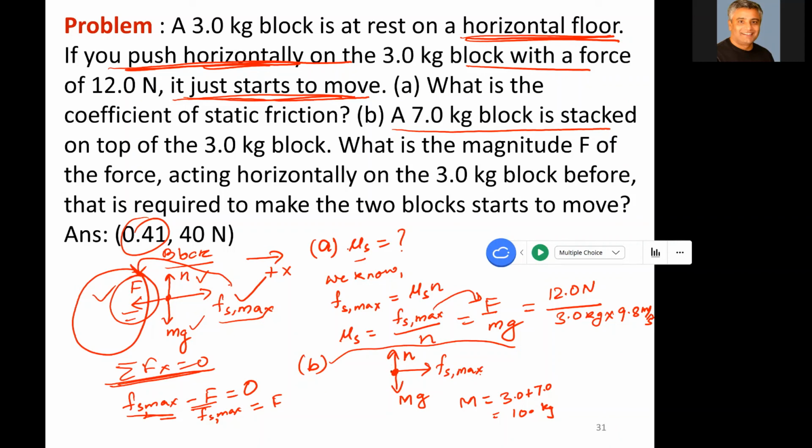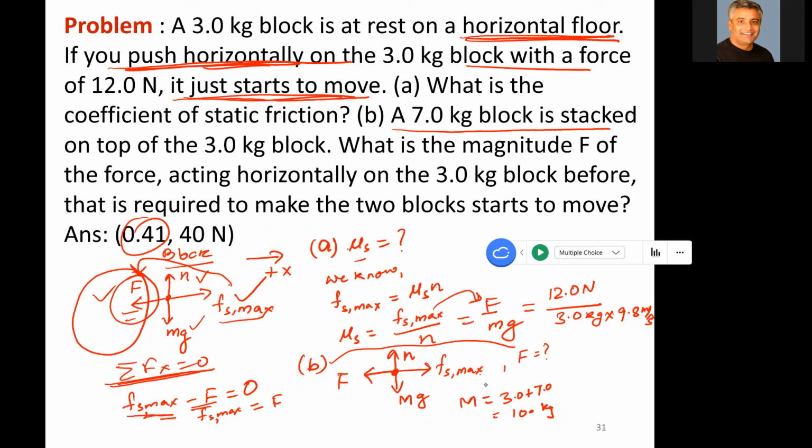Now we want F in this case. For the surfaces in contact, they are still the same. Same block, same horizontal surface, they are in contact. That means mu s is still the same.